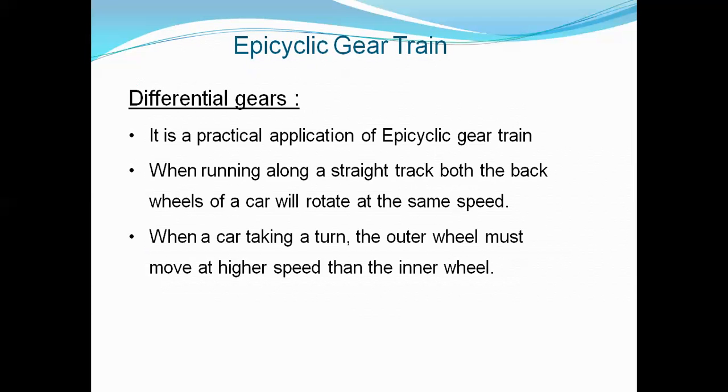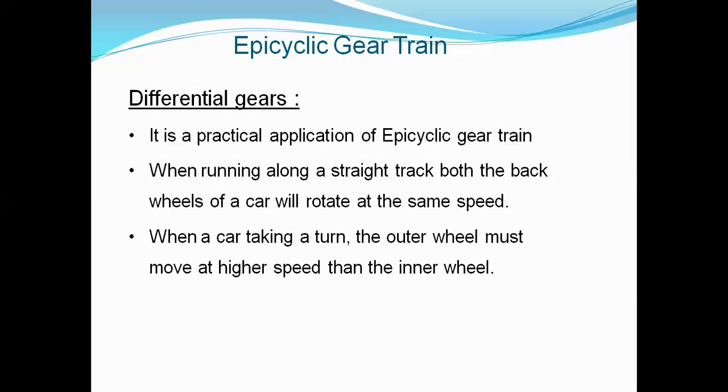When we are running along a straight track, both the back wheels of a car will rotate at the same speed, right? While moving, the differential gearbox at the rear end makes the wheels move with the same speed on the straight track.